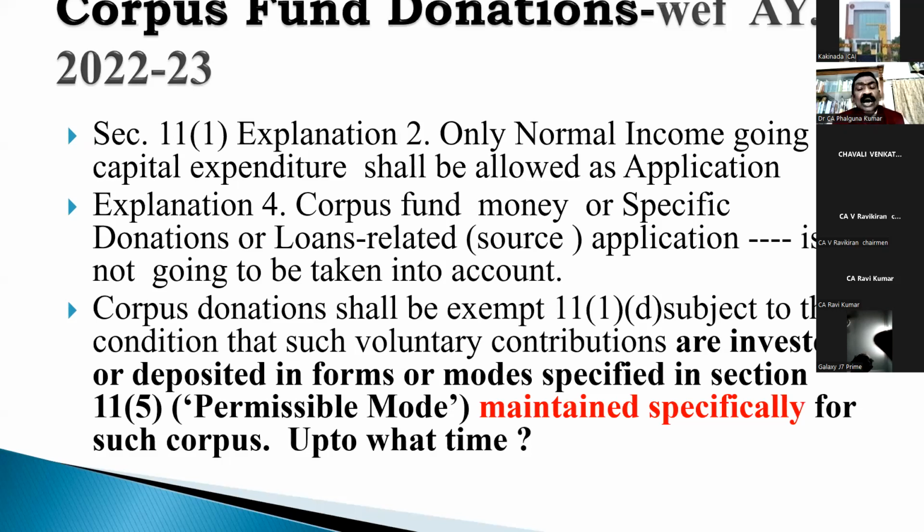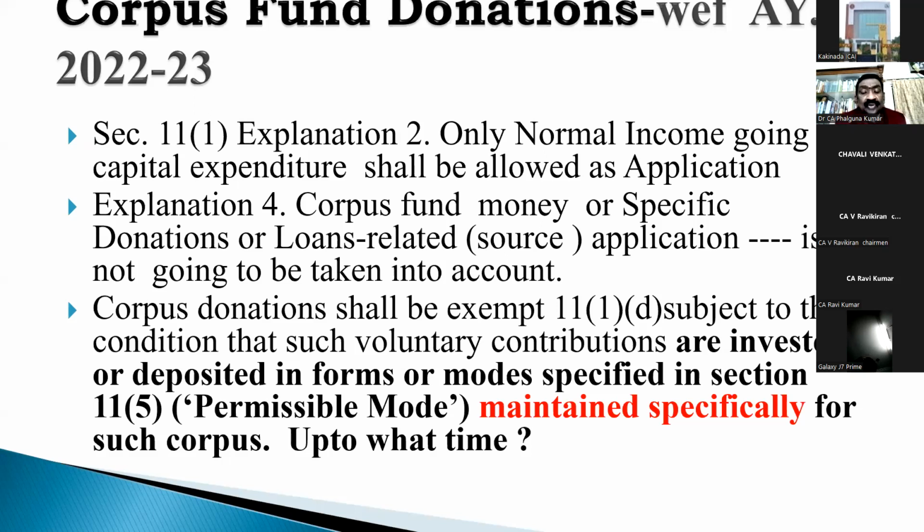Earlier, any corpus fund donation under section 11(1) was a blanket exemption. That blanket exemption has been removed now. And what they say is, unless you keep that money in the section 11(5) permissible mode, whatever is not coming within this permissible mode is impermissible mode.